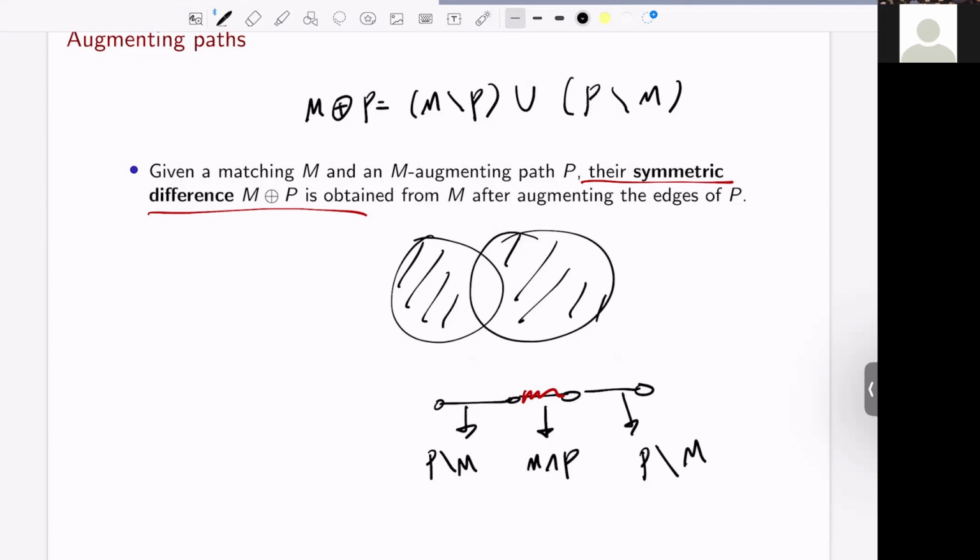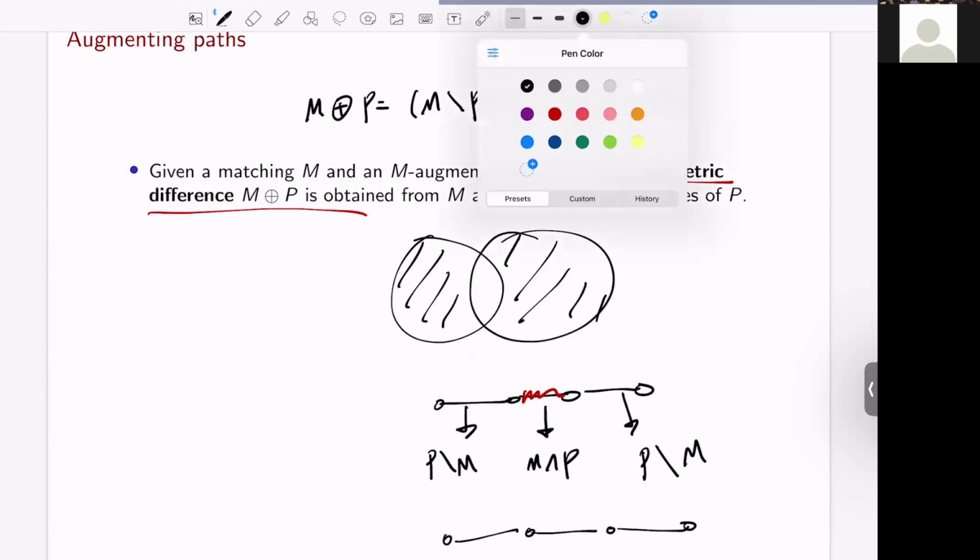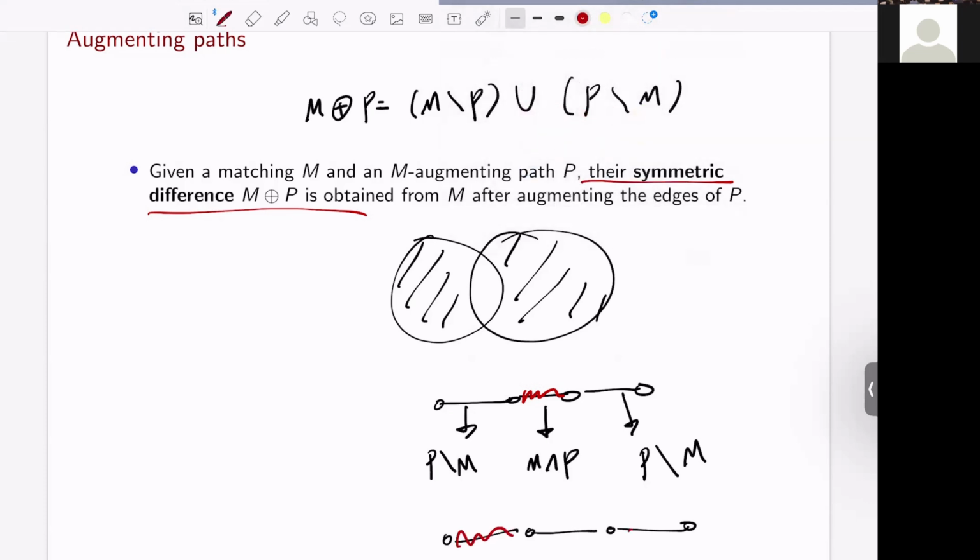You add them to the matching. That is the symmetric difference, which is nothing but the formal mathematical term to express what we are doing in terms of the augmenting operation. You don't have to get frustrated by this kind of definition. All right. Any questions so far?